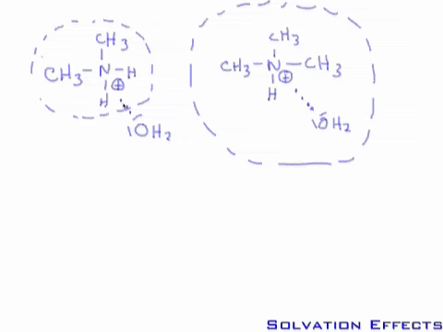Now, if this is true, if inductive effects are still present, it's just that there's another factor, solvation, that's causing dimethylamine to be the stronger base. If we remove the solvation effect, we should be able to show that trimethylamine, when there's no solvation available, is actually the stronger base. This can be done in the gas phase.